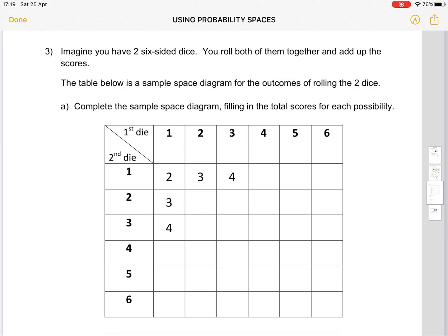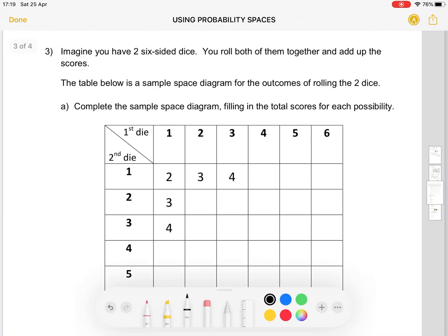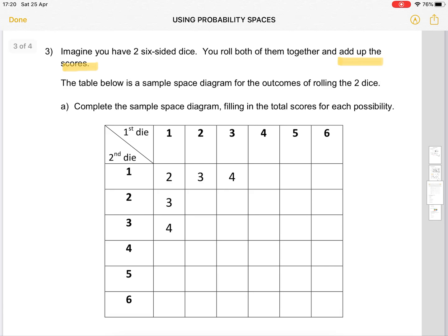Imagine you have 2 6-sided dice. So it's similar to the previous, but you don't write down the two scores. You roll both of them together and add up the scores. If I were you, I would, with a highlighter, underline that, to remember that we have to add up the scores.